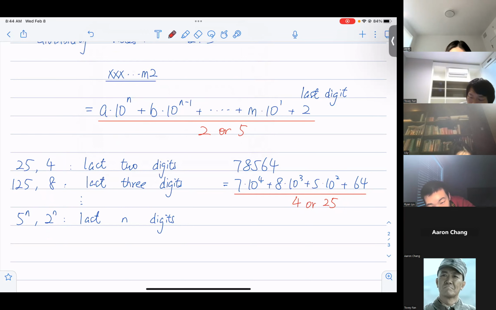If you divide by 8 or 125, it has the same reason, right? So both are factors of 1,000. So you don't need to worry about any digits after 1,000th digit, okay? You just need to take care of the last 3 digits. So if the last 3 digits are multiples of 8 or multiples of 125, then this whole number will be a multiple of 8 or 125.